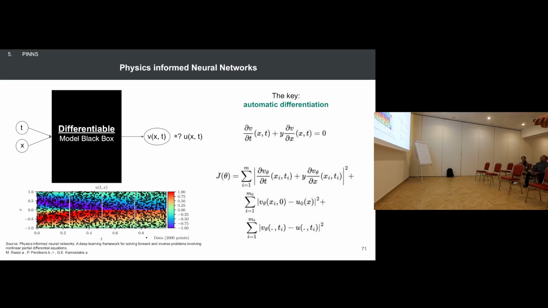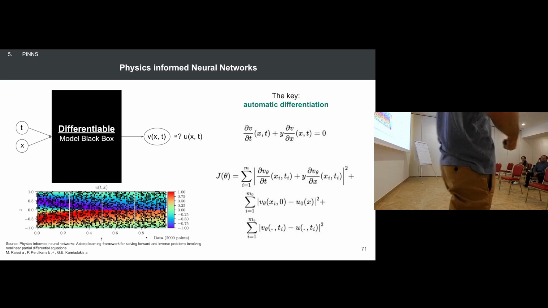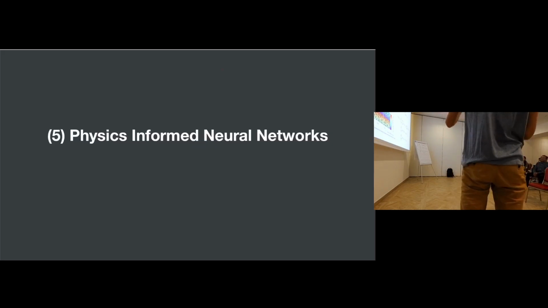And the thing is that in choosing the loss function, you can add as many terms as you want. So here we talked about the differential equation, and there are the boundary conditions. If you want to enforce the boundary condition, you sample the boundary and you put the boundary conditions. But also, if you have information about what is inside, you can put it in, like the problems we saw before.